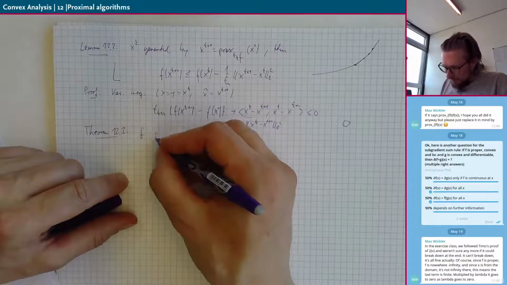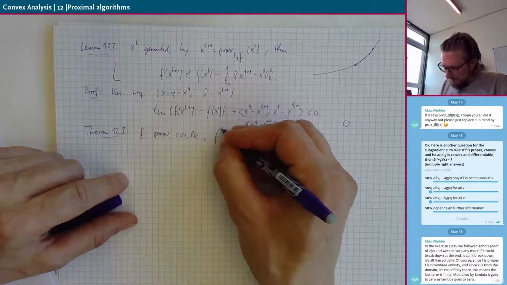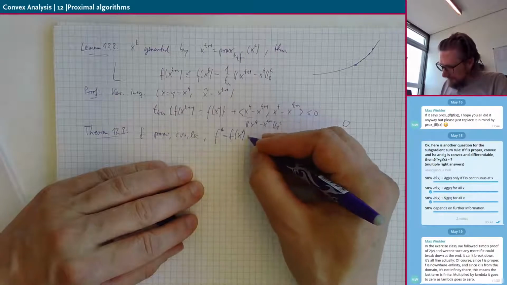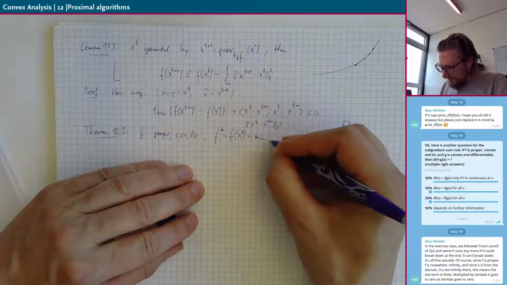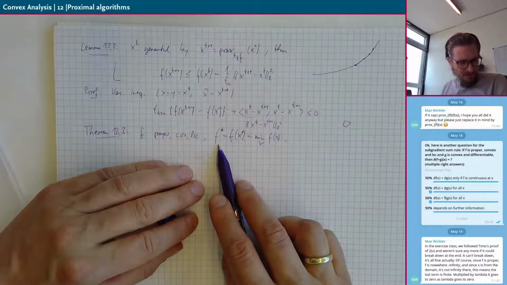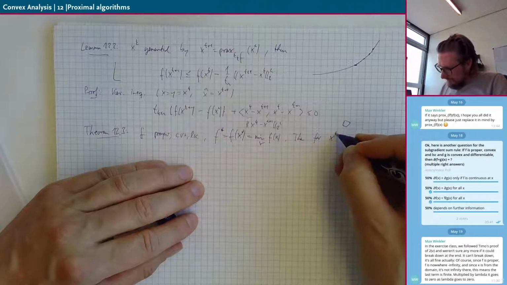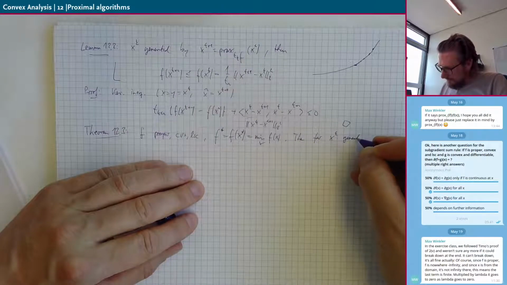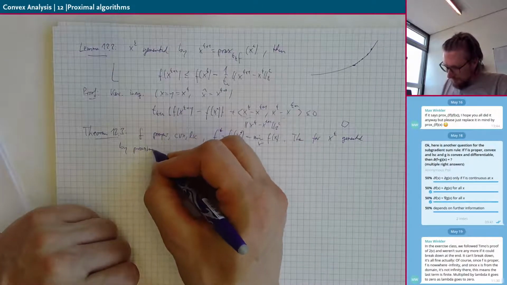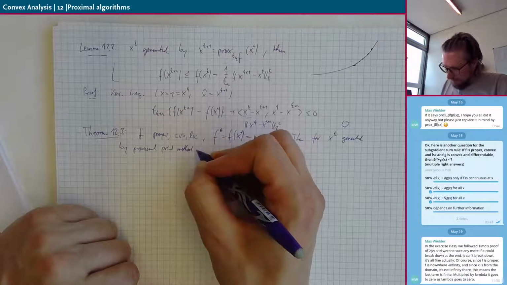Okay, now we need f proper, convex, and lower semi-continuous, and by f star we denote f of some x star, and this f of x star should be such that this is the minimum value. So x star is the minimizer, f star is the minimum value. Then for xk generated by the proximal point method, we have 2 things.